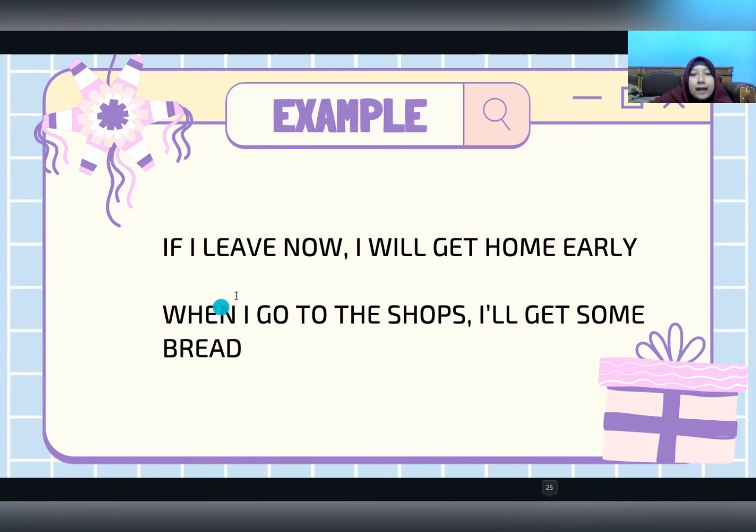"If I leave now" is the if clause. "I will get home early" is the main clause. The sentence uses conditional type 1 because it talks about something that is likely to happen in the future.